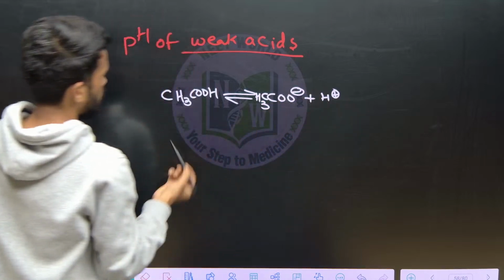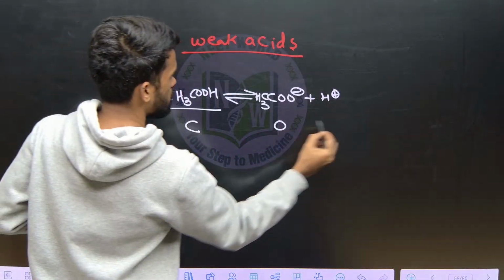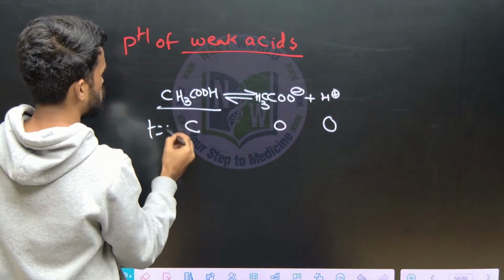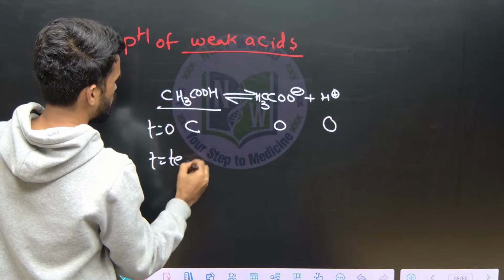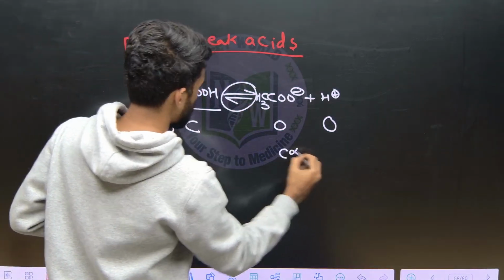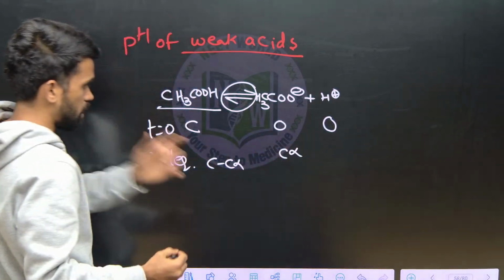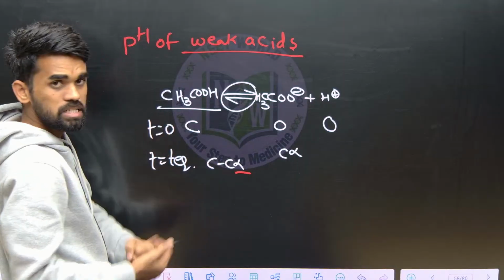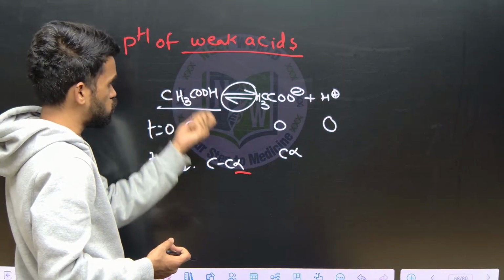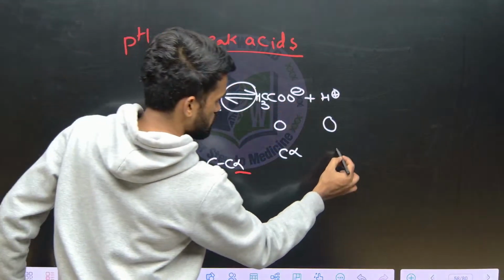If I say the concentration of this acetic acid is C and its ions are 0 initially, after some time they will dissociate to attain equilibrium. Here, with alpha as the degree of dissociation, the acid will be C minus C alpha. Therefore C alpha is the amount that is converted from the acid to the respective ions.